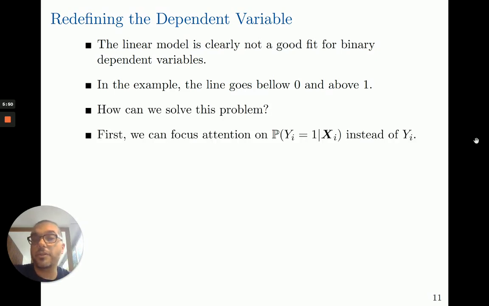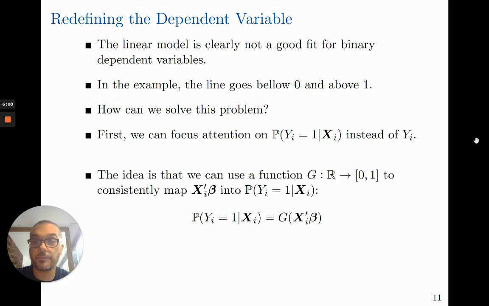Okay, so how can we solve this problem? Let's focus attention on the conditional probability instead of y. The idea is that we can use a function that we are going to call g, from R, that maps values on the reals to the closed interval 0, 1, to consistently map x prime beta into this conditional probability, the probability of y equal to 1 given x.